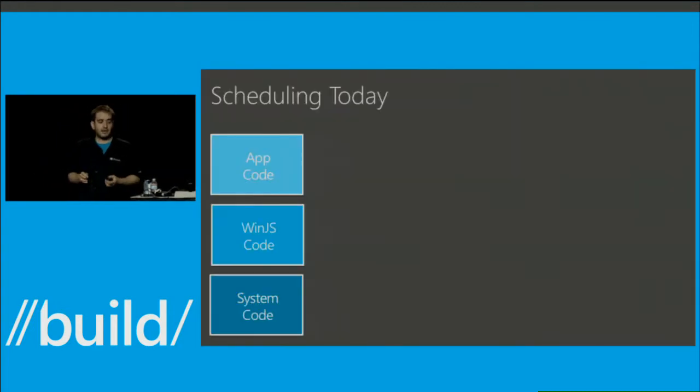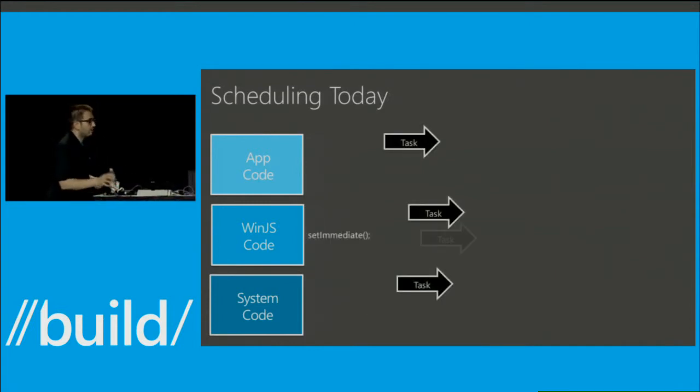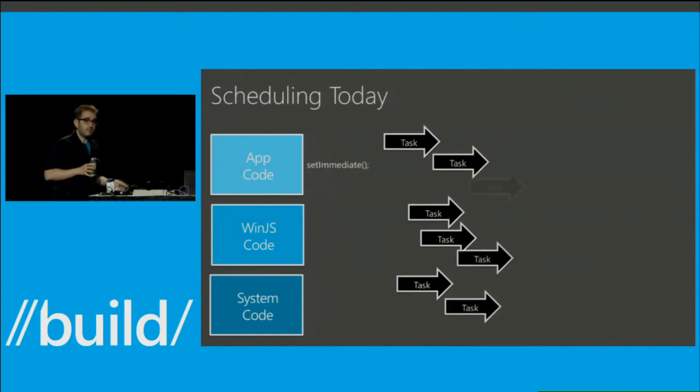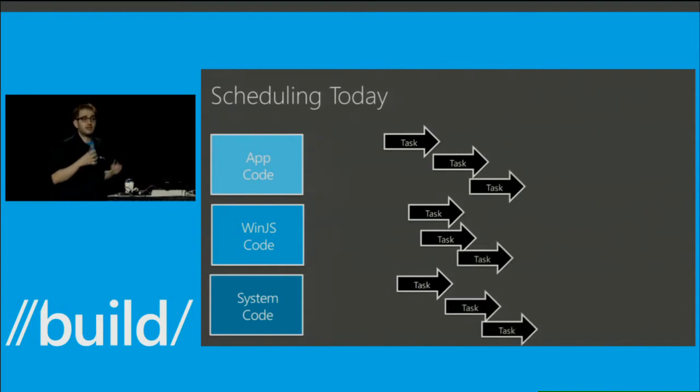But today, it's difficult to manage all of those, especially because there's lots of different parts of the system spawning these asynchronous tasks. App code, code in WinJS, system code in response to things that have gone on in the system. Maybe you have multiple different libraries or components within your own app code.